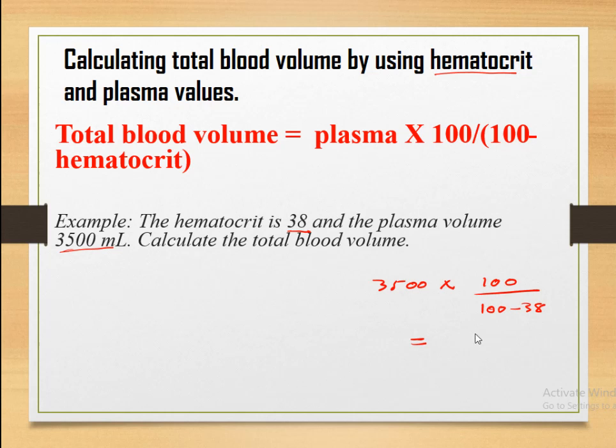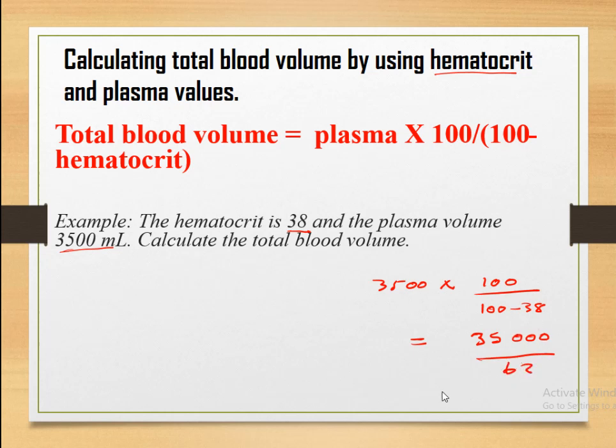So this will simply give us a value which is 35, and then 4 zeros, over 100 minus 38, which is simply going to give us 62.